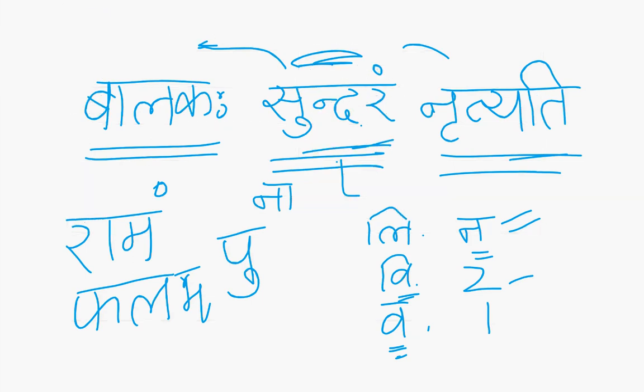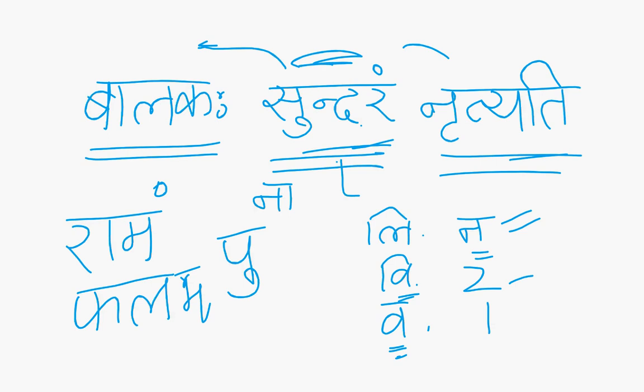But though I said Dvitiya Vibhakti, I still don't know why it is Dvitiya Vibhakti there. So it could be Dvitiya or it could be Tritiya, right? Two types of vibhaktis can come as a kriya visheshanam. That is by definition only.